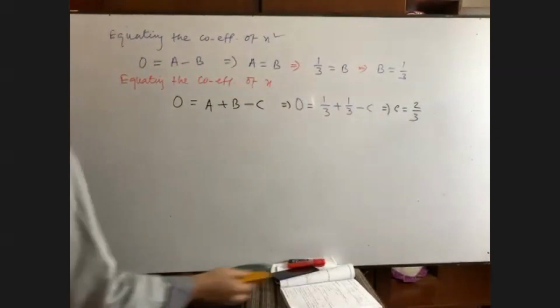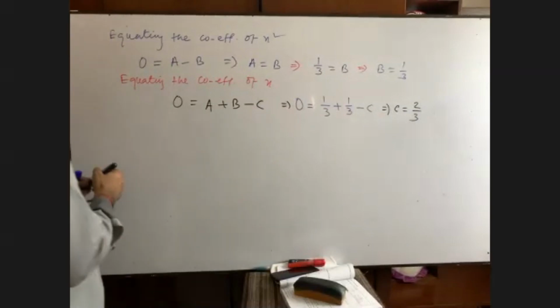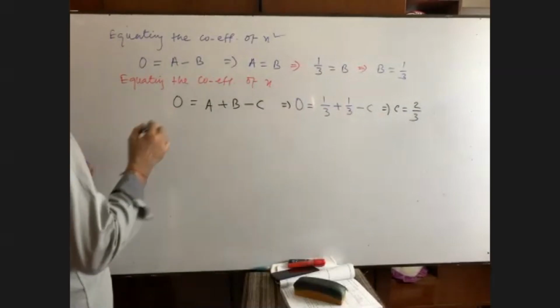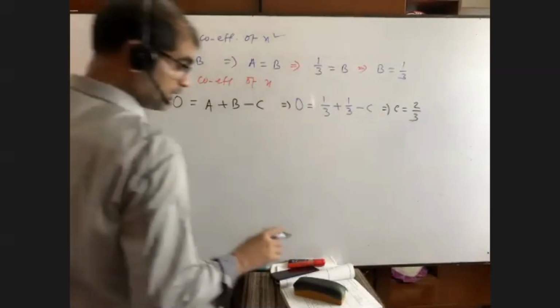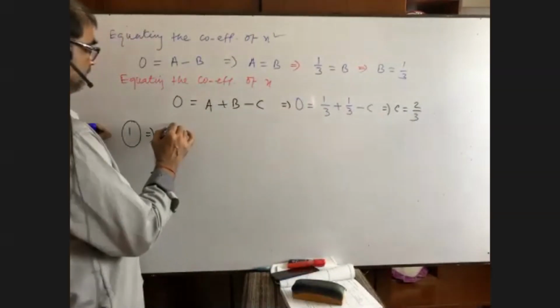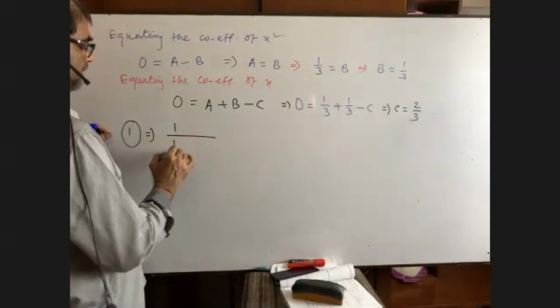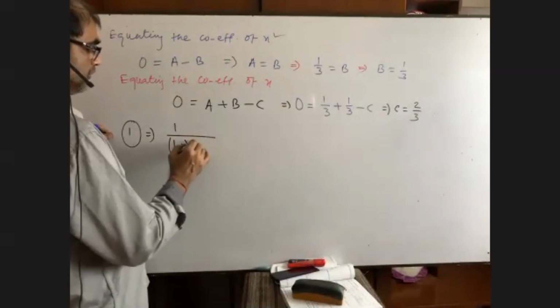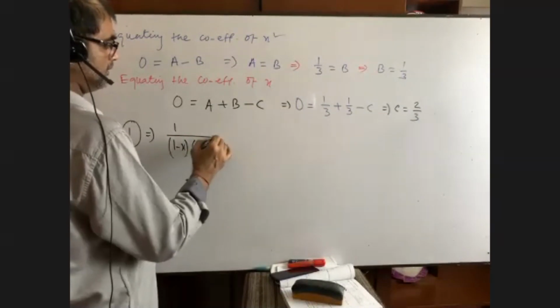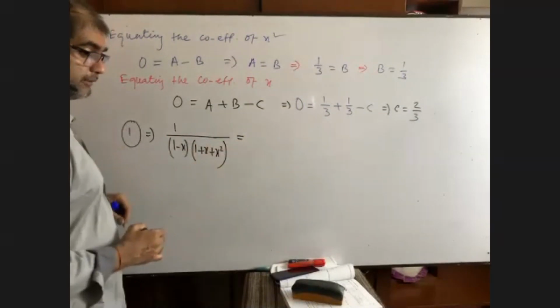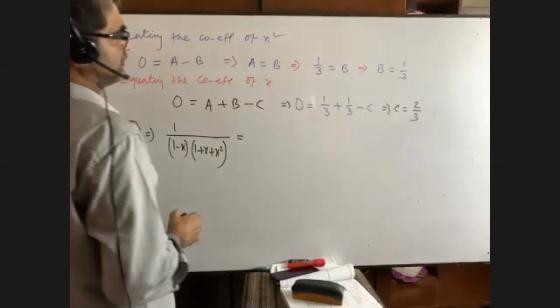Can you please write down? Therefore, putting the values a, b, c in 1. So 1 implies that 1 was what? 1 by (1 minus x)(1 plus x square) is equal to, at first it was a by 1 minus x.